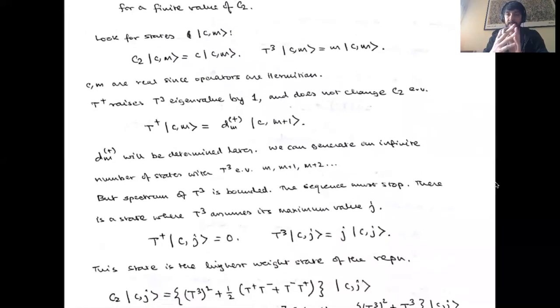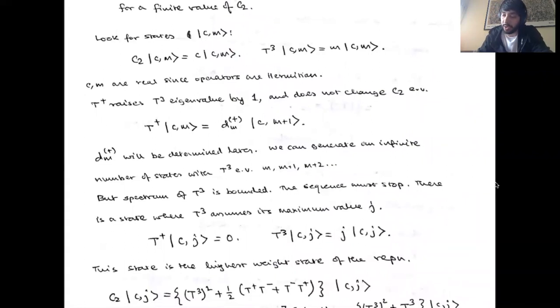Now let's look at states which are labeled by C and M, where C is going to be the eigenvalue of C2, and M is going to be the eigenvalue of T3. And we went about trying to construct the representation in a certain way.